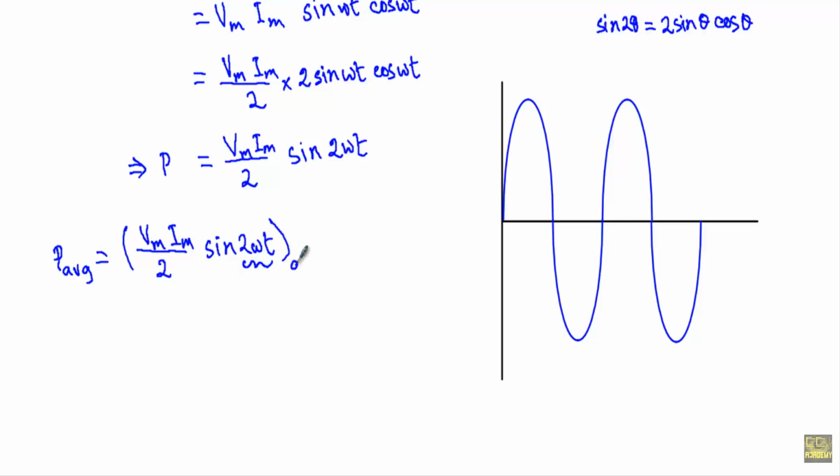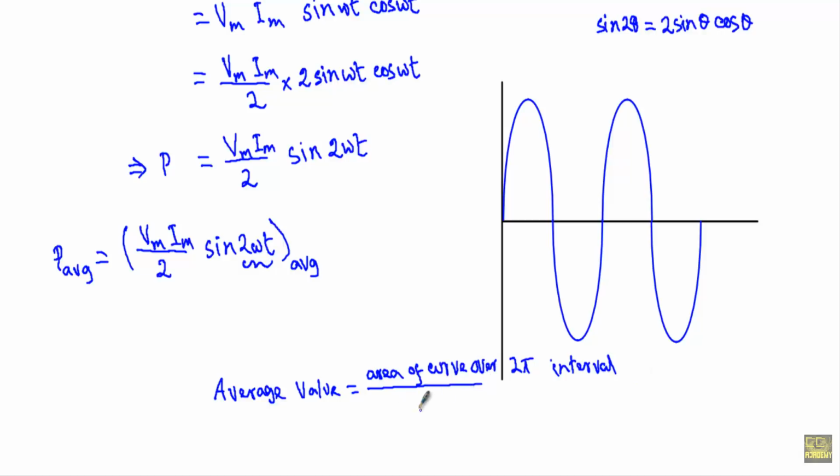We calculate the average value of any alternating waveform by taking the area under the curve over a full cycle and dividing it by the period. Here I will consider a 2 pi interval, so the period will be 2 pi.